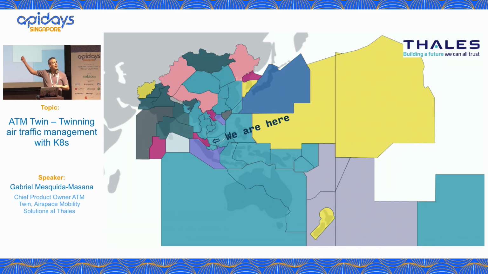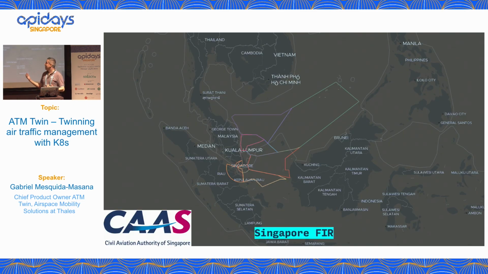And the blue part is what my company does. Thales is managing all these airspaces in the technology. Then you have the air traffic controllers, that we will call ATCOs in this presentation, that are the ones actually doing the management. And the other actor in AirLab is the Civil Aviation Authority of Singapore, which is managing this FIR. Can you see the shape? Quite particular.